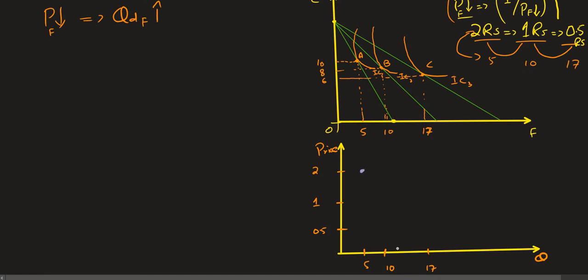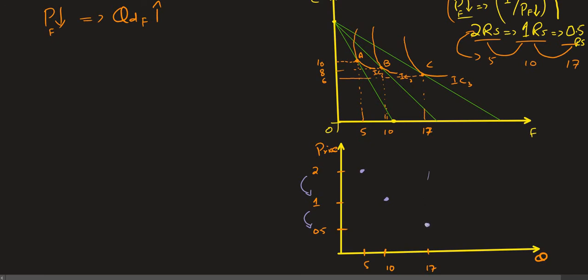When the quantity is 10, this 10 has come as a result of the prices declining from 2 rupees to 1 rupee. And when the prices declined further from 1 rupee to 0.5 rupees, my quantity demanded increased to 17.